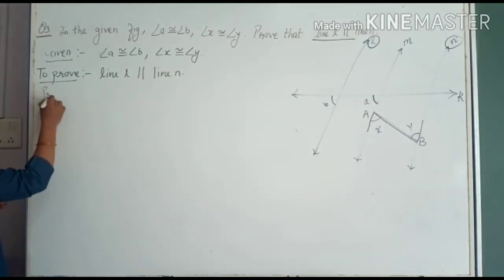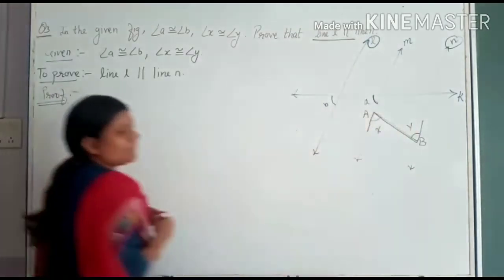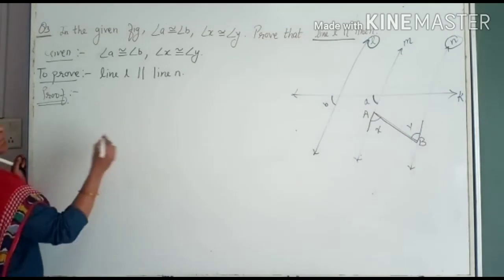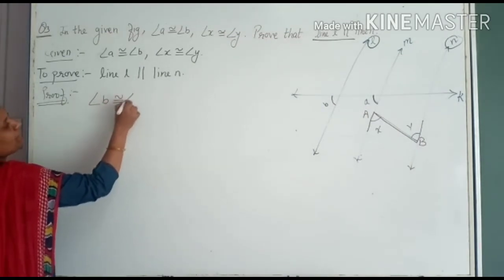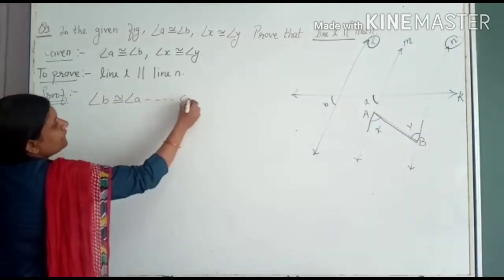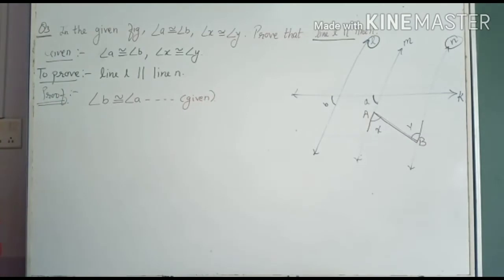Proof. Now we'll start with the given. If we consider line K as the transversal, then angle A and angle B become congruent to each other. So we'll start: angle B is congruent to angle A. That is already given to us, right?